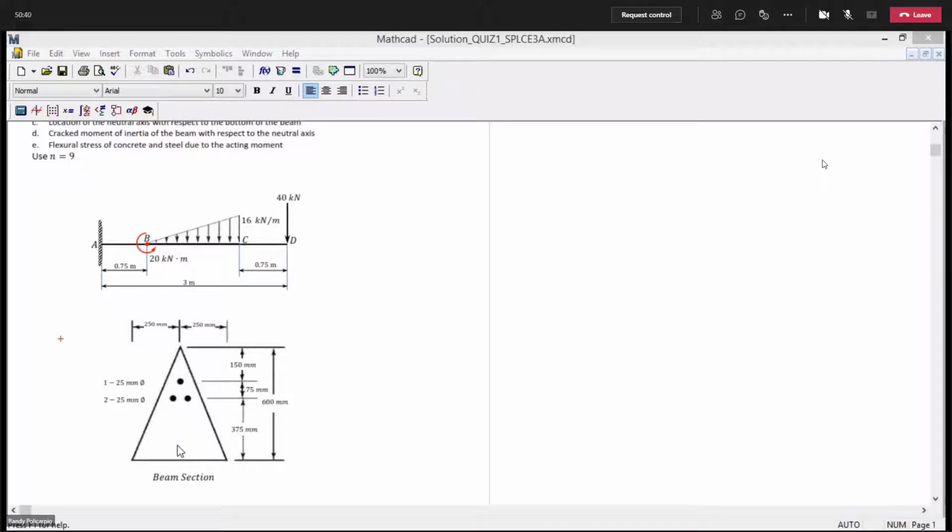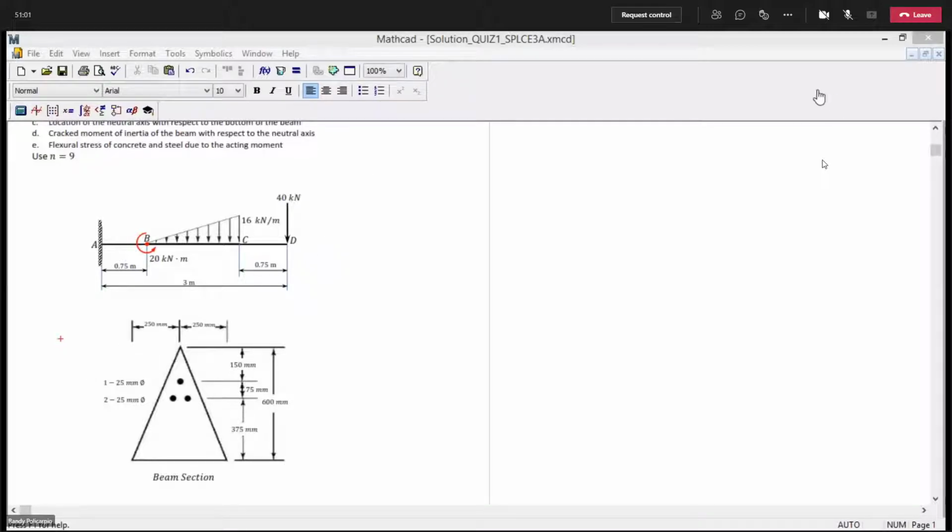Yung iba hindi ma-imagine na nakabaliktad. Siguro nagtataka, meron ba talagang ganyan? Meron. Ayan, nakita nyo na na yung bakal mo nasa taas, yung baba wala. So, yun yung dinidesign mo nasa taas because of the bending.